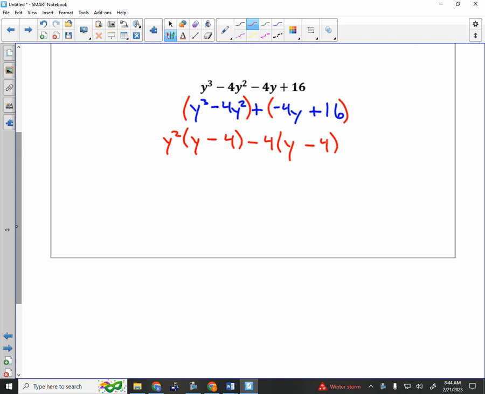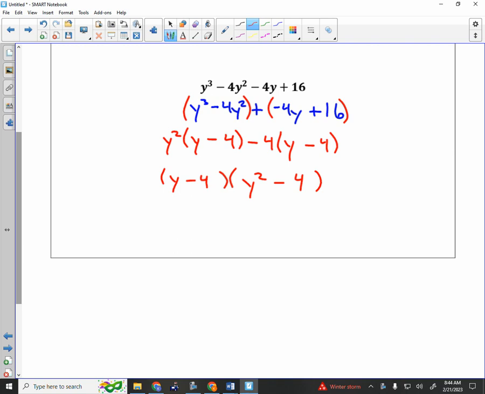So factoring by grouping involves taking out common factors twice. I took out the common factor here with y squared and negative 4, but now what's the common factor you can take out? Y minus 4. Very good. And when you take it out, what are you left with? Y squared minus 4.